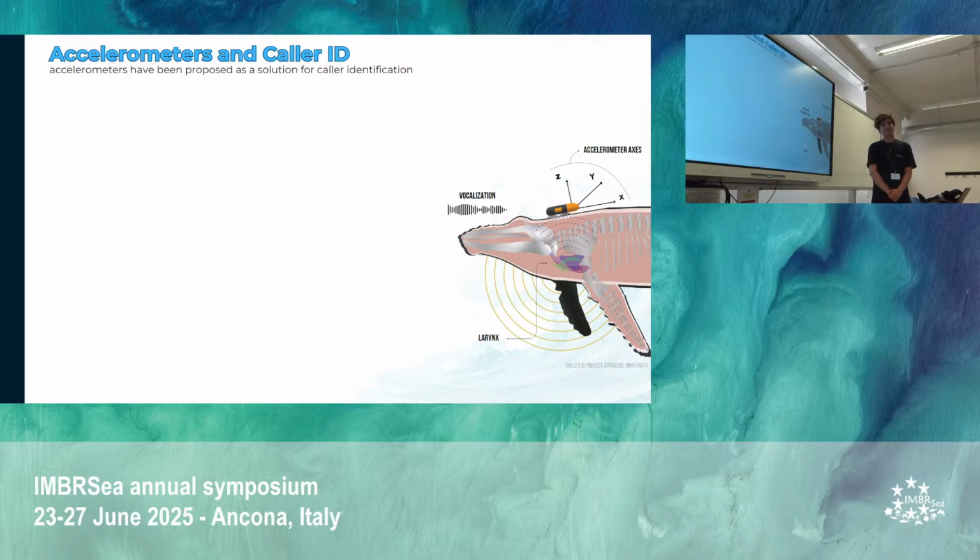I'm wondering, since you can confirm some of your ideas because you get some overlap between the acoustic and the accelerometer, do you think those calls that you can confirm are from this specific individual, and not just in the context of one individual, but in the context of multiple, could that help you for all these other calls for which you don't get the accelerometer recording, where you only get the acoustic signal?